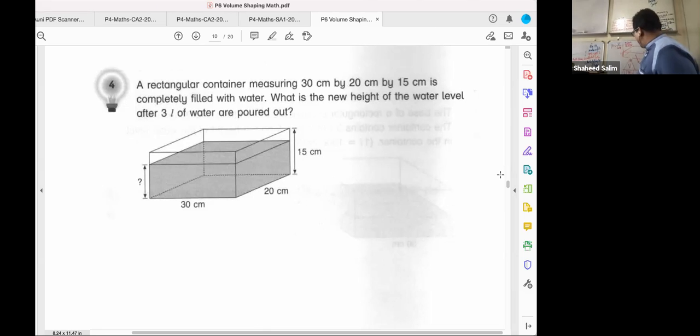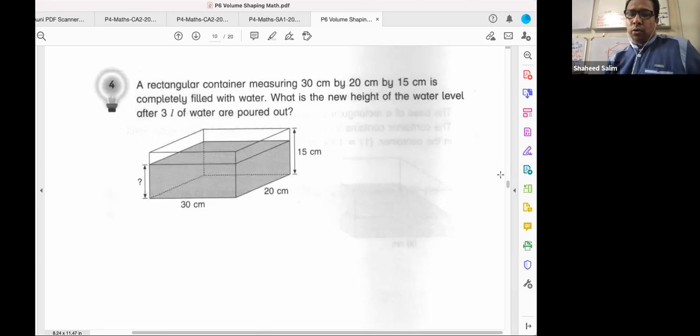All right, let's see. I'm going to draw this again. But notice, because this more or less is the same, I'm just using a different color. Okay, I will now write it down.